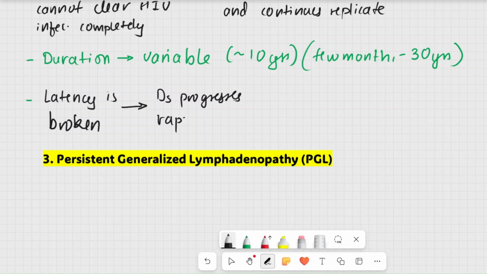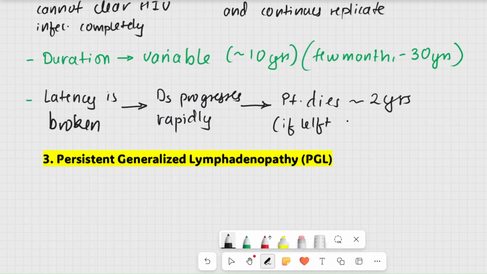If the patient is not taken care of or is left untreated, the patient may land up in AIDS, and the patient may die. The patient dies within a span of 2 years. Within a span of 2 years the patient will die if left untreated. This is very important to write, if left untreated.